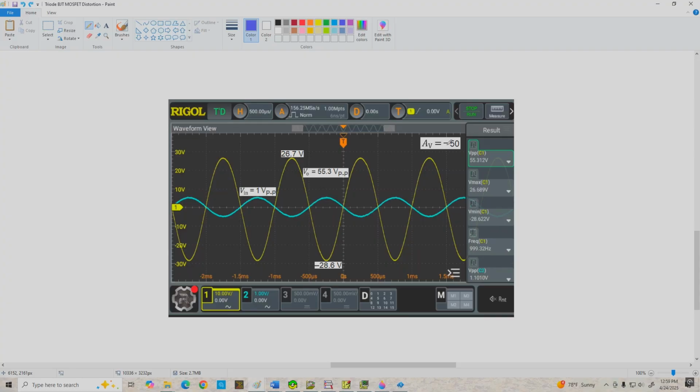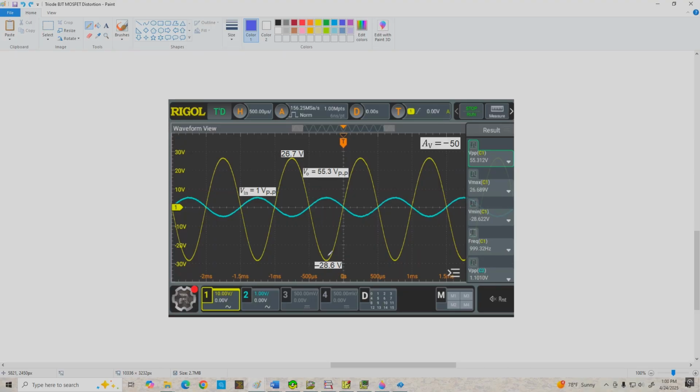So our gain is around negative 50. And you can see that the output voltage is again showing very little distortion here. And this is an even larger input than we did in our analysis. We're reaching a positive peak output of about 26.7 volts and a negative output peak of about minus 28.6 volts.